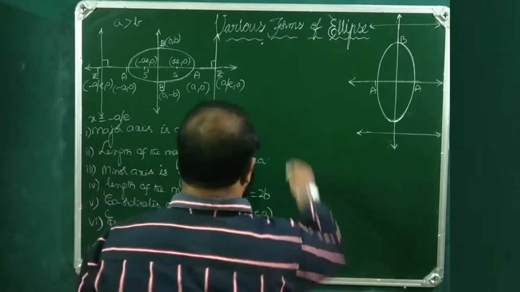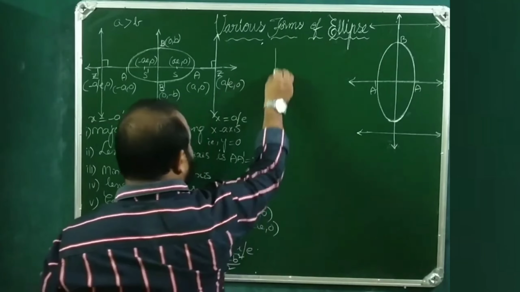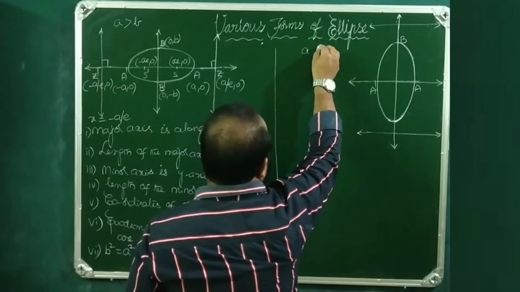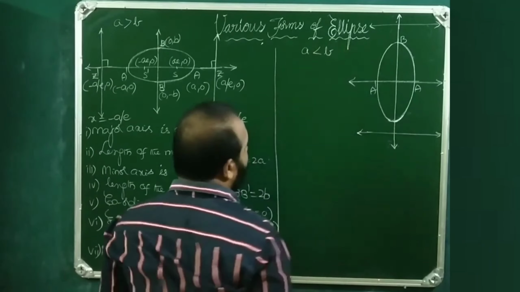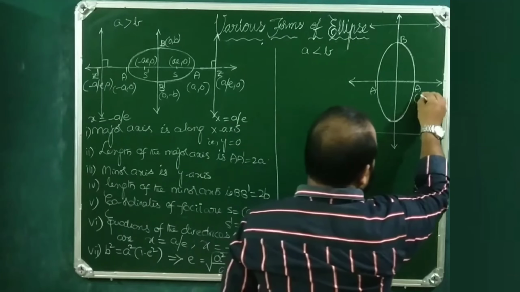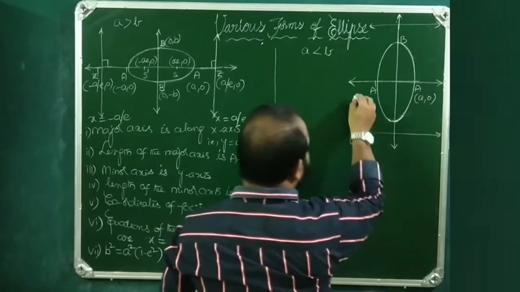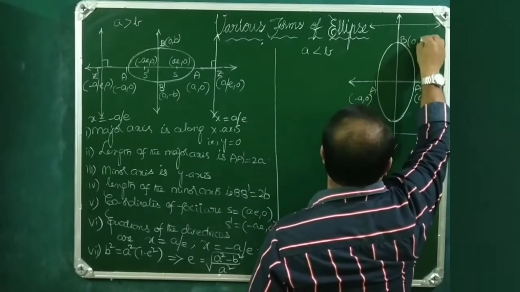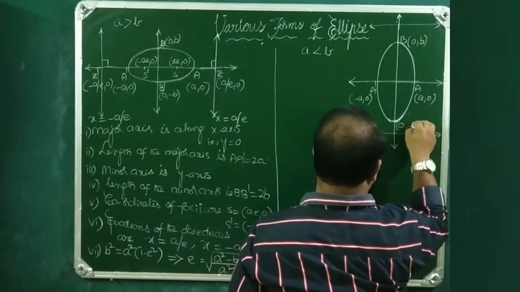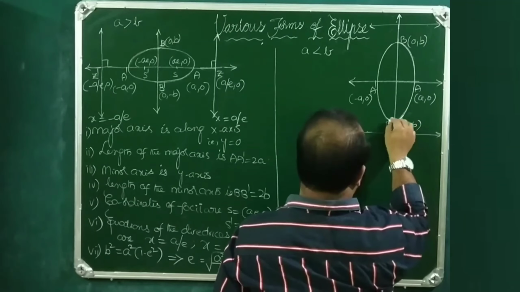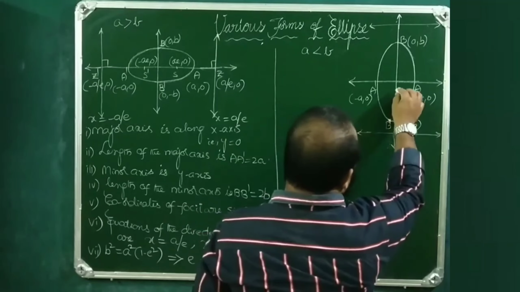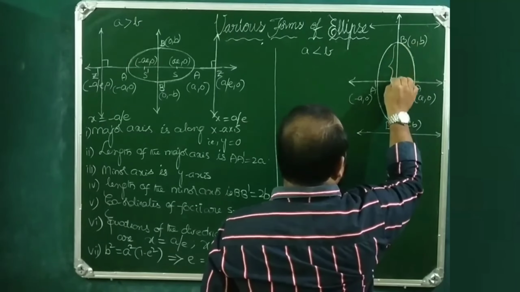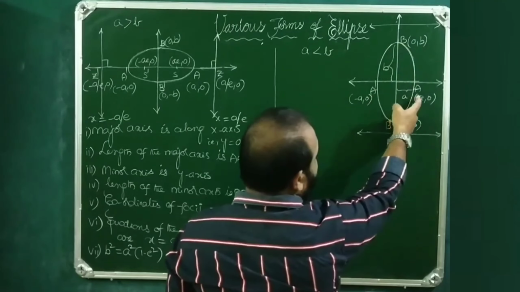So what if the ellipse is of this form? Here a is less than b, because this is a comma 0, this is minus a comma 0, this is 0 comma b, and this is 0 comma minus b. So here a is this much only, while b is greater than a.